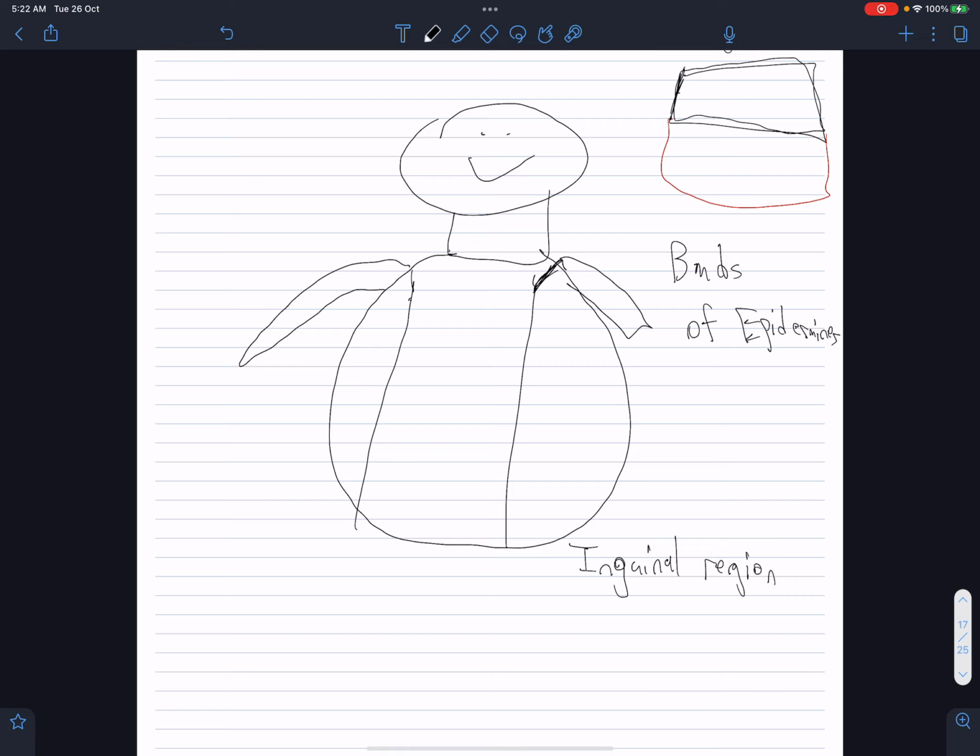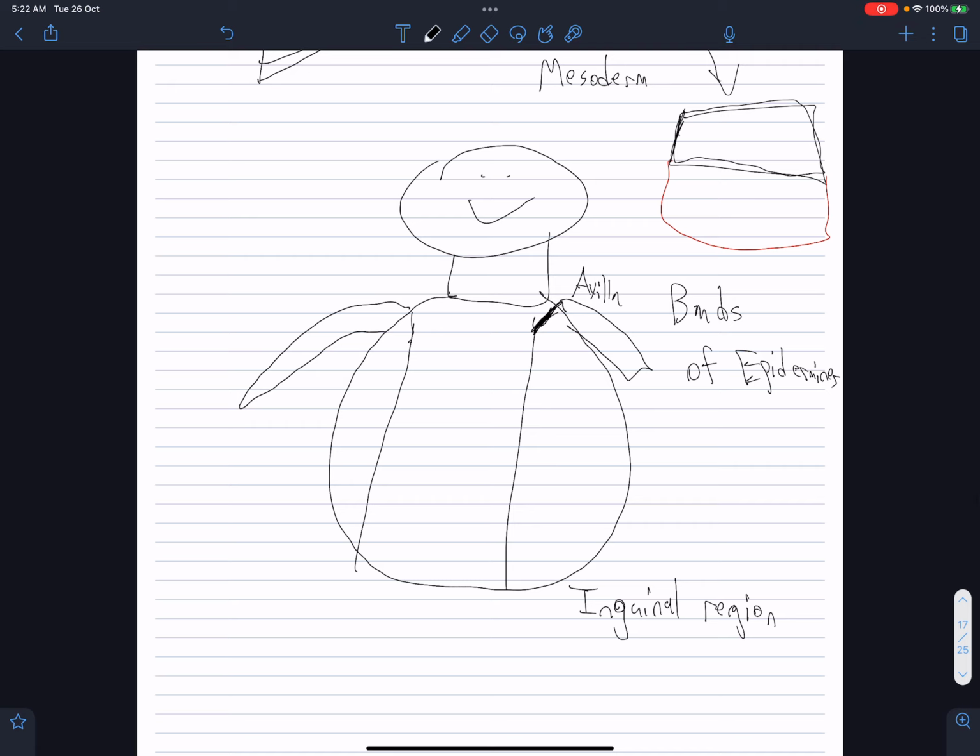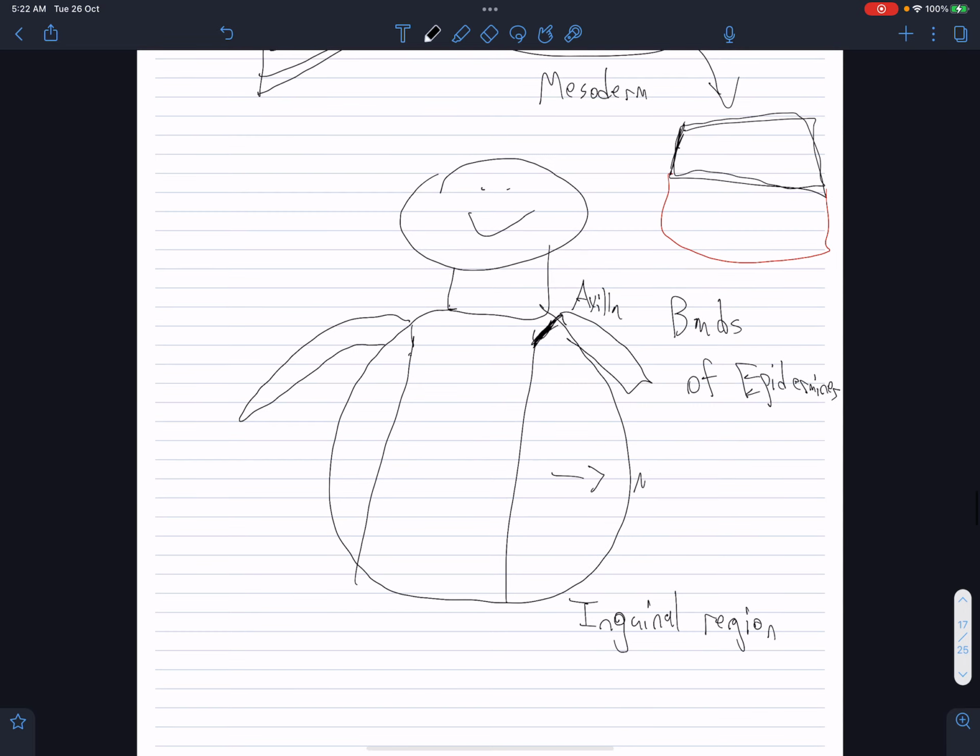Tamam? Here I'll draw the axilla just to make sense. Now, these bilateral thickened bands of epidermis from the axillary to the inguinal region, we give them a name. They form a line across the chest. We call these the mammary lines or ridges, because they look like ridges.